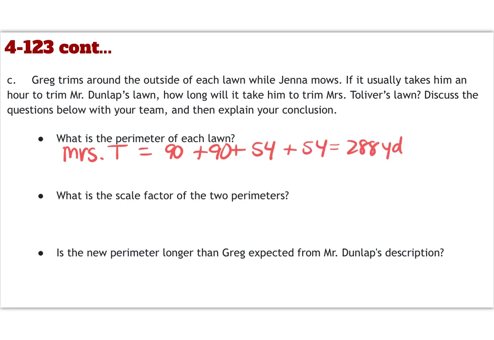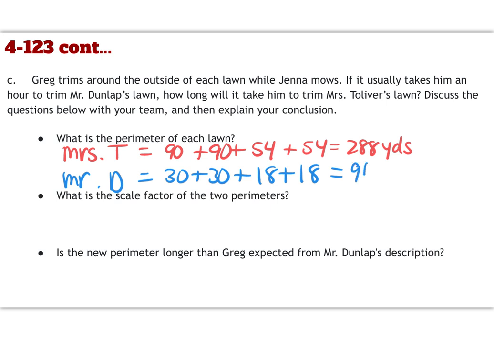That's the distance around. And then for Mr. Dunlap's, his perimeter would have been 96, and we would have taken 30 plus 30 plus 18 plus 18, the distance around, we would have 96 yards.